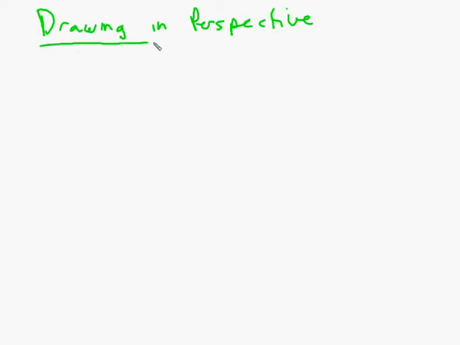Okay, really quick, we'll do drawing in perspective. Now, if you've had art, you should have already done this, but I will talk about it quickly. For now, I'm going to show you one vanishing point, and then later in the chapter, we'll do 2 vanishing points. So this is drawing in perspective, 1 vanishing point.